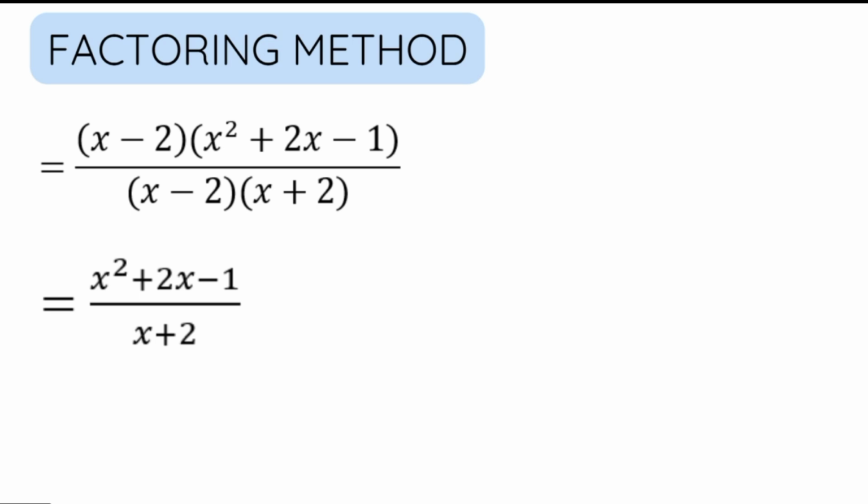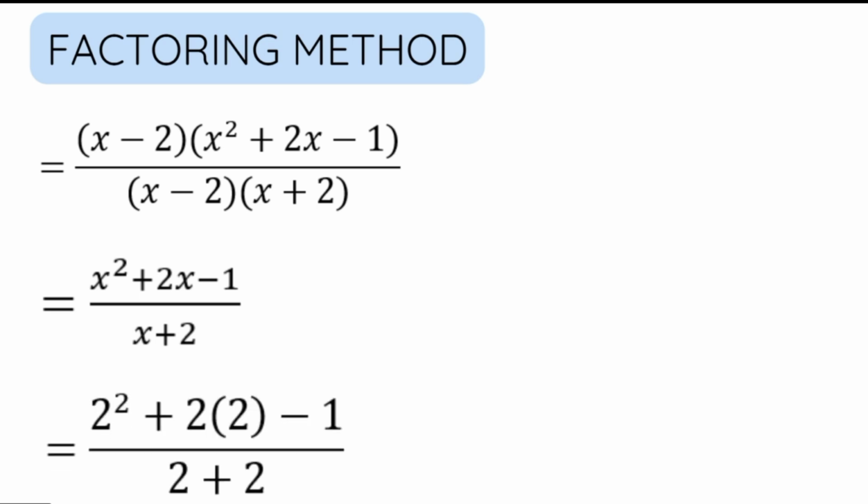Alright, now comes the fun part, evaluating the limit. This time, we can substitute x equals 2 directly into our simplified expression. Now, it becomes 2 to the power of 2 plus 2 times 2 minus 1 over 2 plus 2.